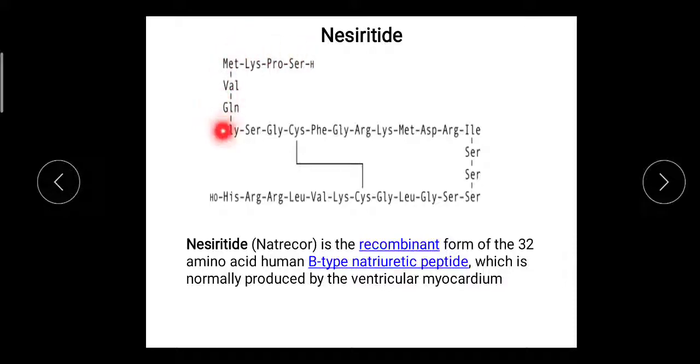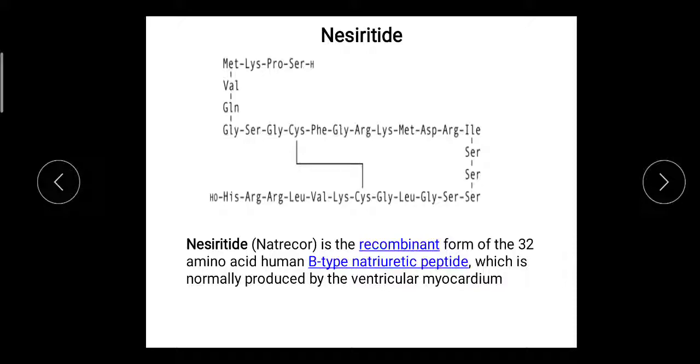These are the amino acids linked to each other with peptide bonds, and the number of amino acids is 32. Nesiritide is a recombinant form of the 32 amino acid human B type natriuretic peptide, meaning that it is identical in structure to endogenous human B type natriuretic peptide.